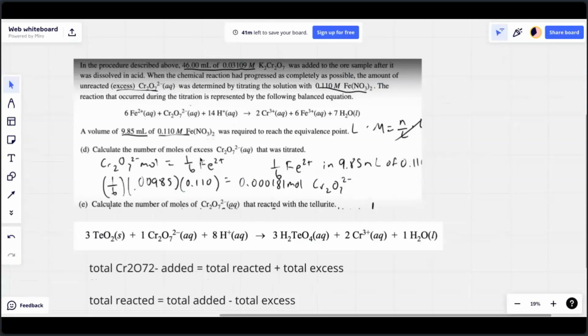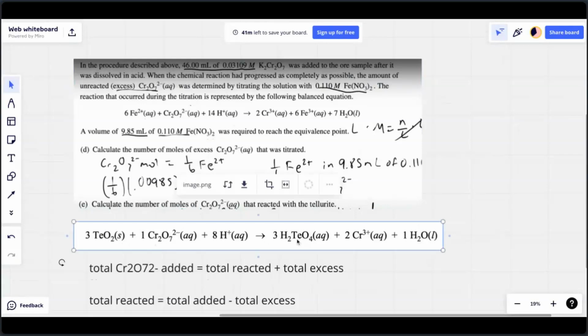That's how we figured out how many moles of excess were present, because everything else that reacted with the tellurium oxide became H2TeO4 and chromium ions, right? It didn't stay as dichromate.